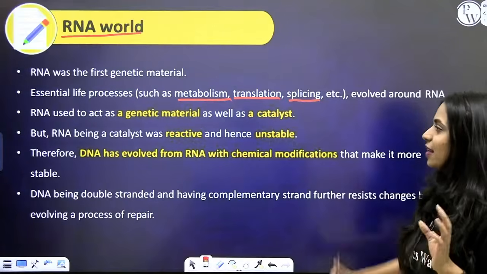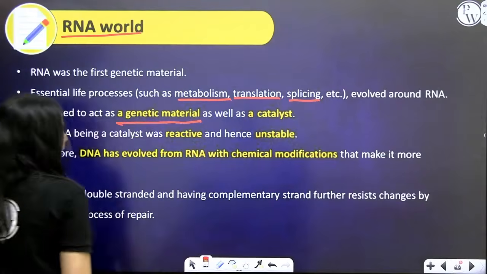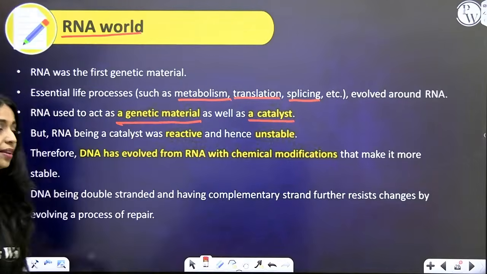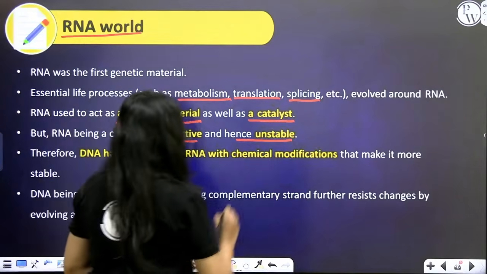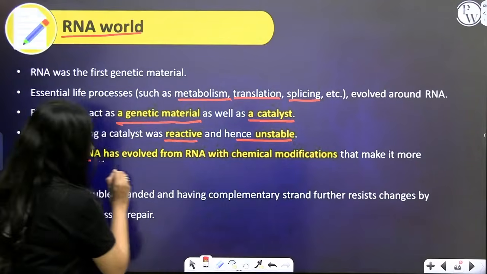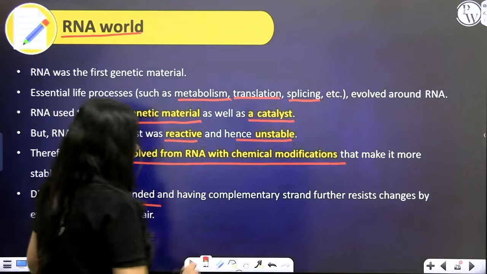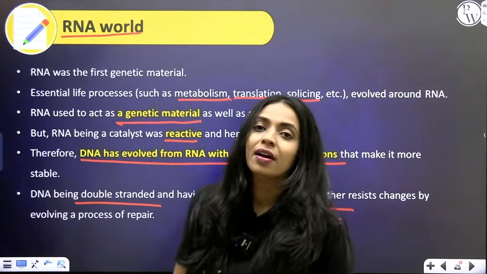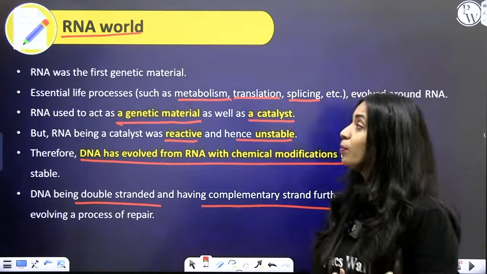What exactly these are, I'll tell you in a little while. RNA used to act like the genetic material as well as a catalyst. I told you it has some catalytic activity as well. But because it was a catalyst, it was very reactive and unstable. Therefore, DNA evolved from RNA with certain changes. Because DNA has double strands, it has a complementary strand, therefore it resists change compared to RNA. Therefore, DNA is the better genetic material because it is more stable.